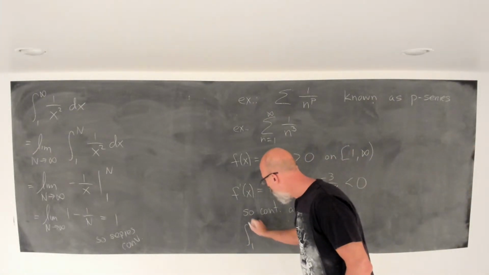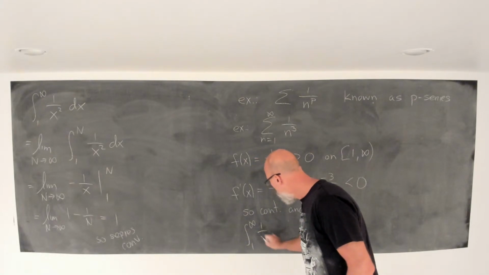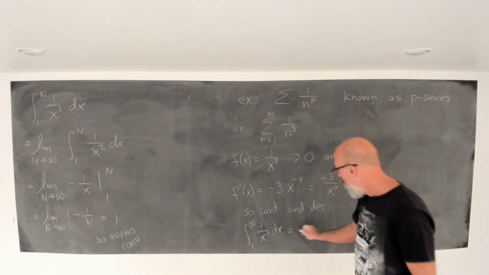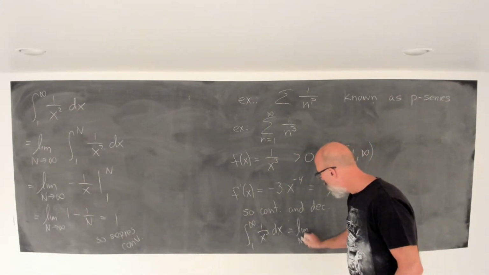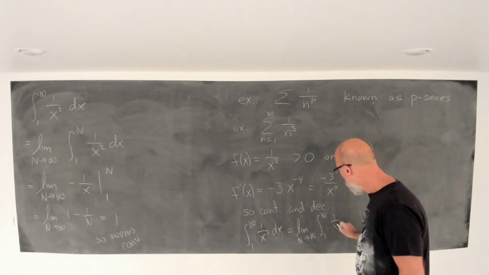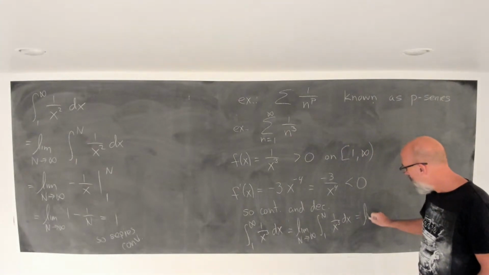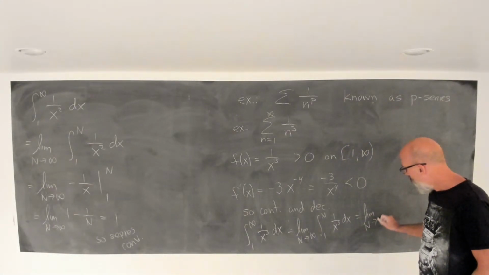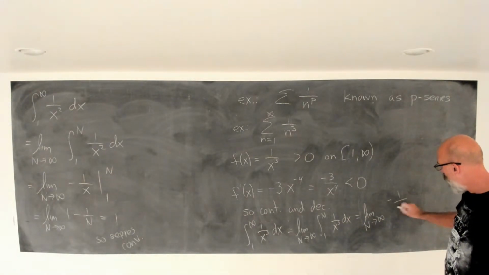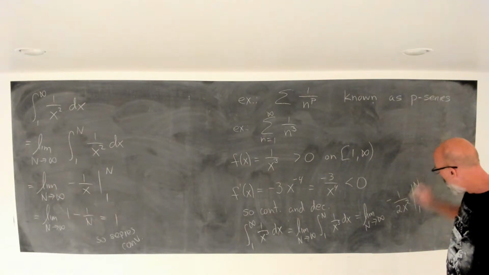And of course, the integral is really the limit as n goes to infinity of the integral from 1 to n. Which is minus 1 over 2x squared from 1 to n.